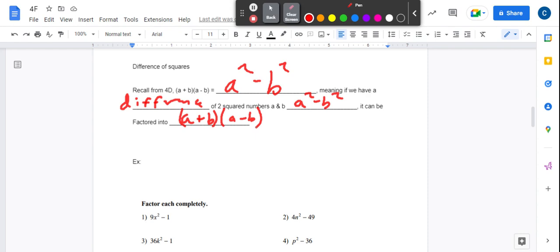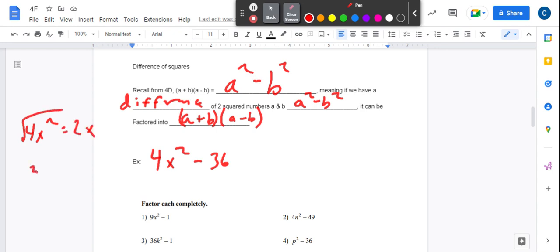So hypothetically speaking, let's look at an example. Let's say we have 4x squared minus 36 or something like that. Well, we should notice that 4x squared is a square and 36 is a square. Because if we took 4x squared and square rooted it, it would be 2x.